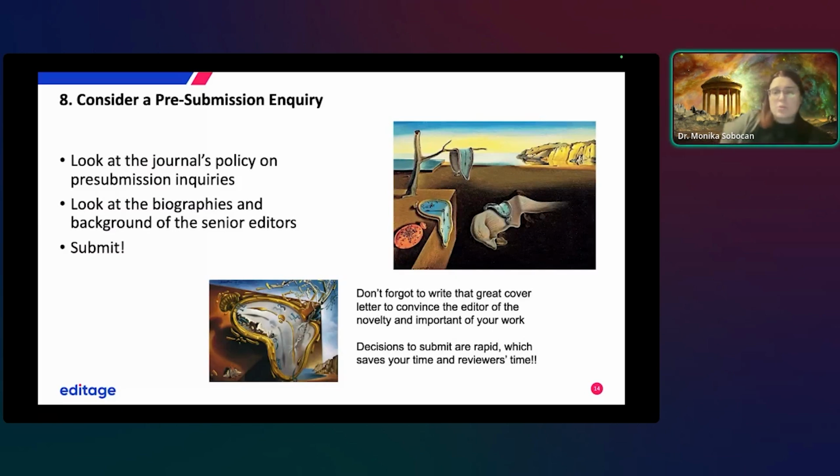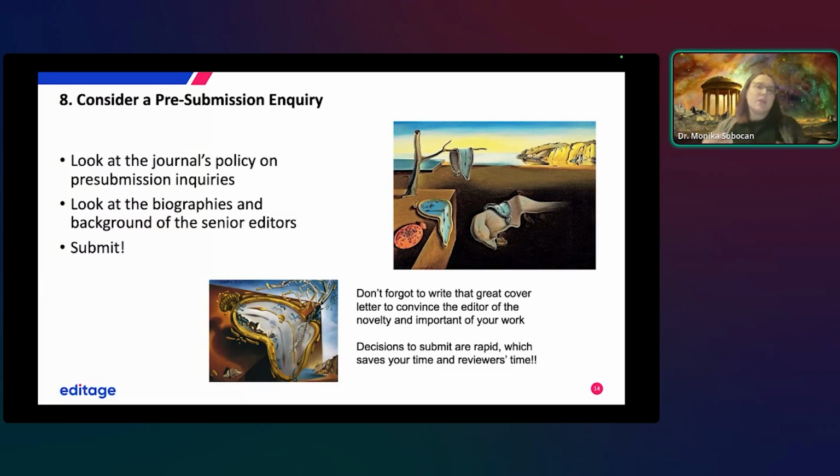Another tip that I would like to give you here is to ensure that when you send the pre-submission inquiry, you already have most of the manuscript ready and set to go, so that you have only a few finesses that you need to consider. Because with this, you will be able to submit as soon as you have the go-ahead.